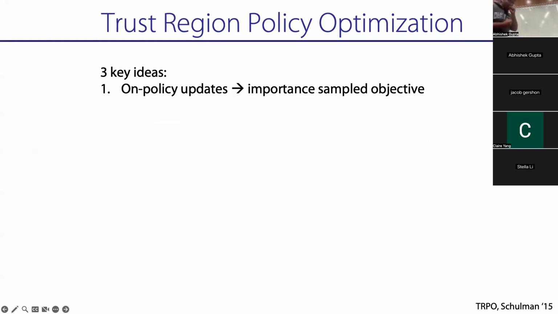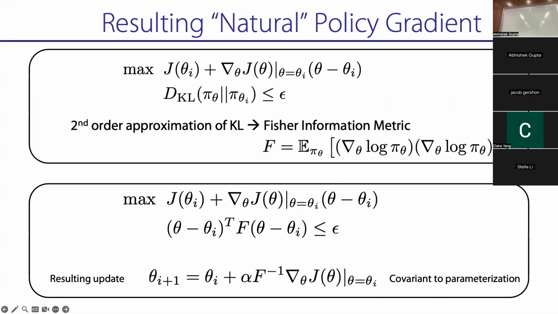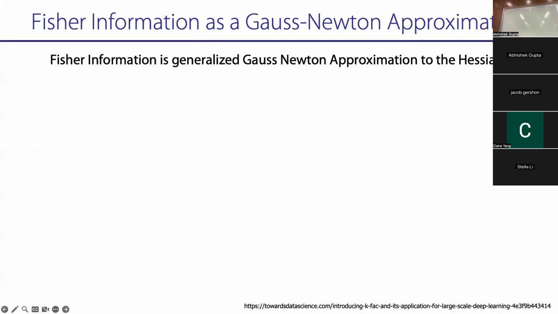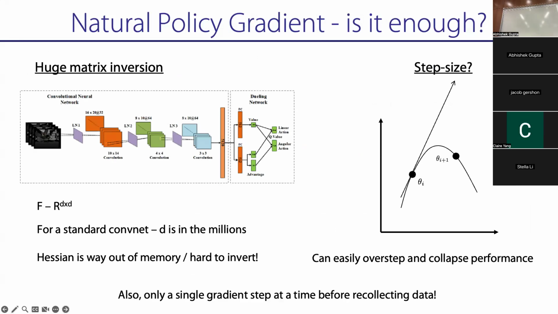The idea behind trust region policy optimization was to start from natural policy gradient, which is this objective, and deal with these issues of inverting the F matrix being hard, step size, and the fact that we cannot use any prior data. The point of trust region policy optimization is to deal with these three issues: big F, step size, and old data.